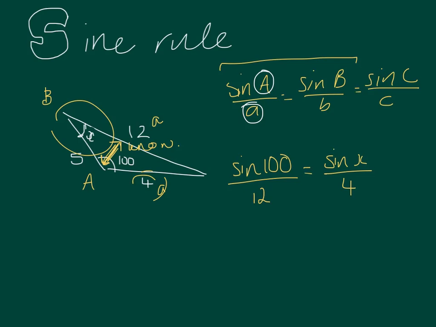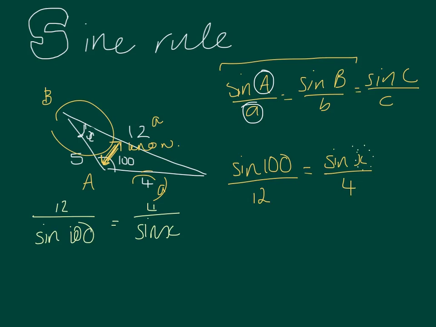Now, luckily, my unknown is on the top. It is normally much easier to keep your unknown on the top of the fraction, but you could just as well have had the fractions the other way around, so 4 over sine x. The only thing then is you'd have to do 2 manipulations to get back to x equals.